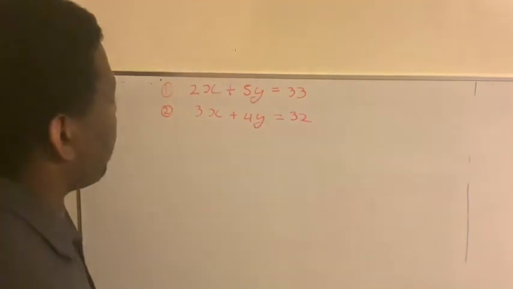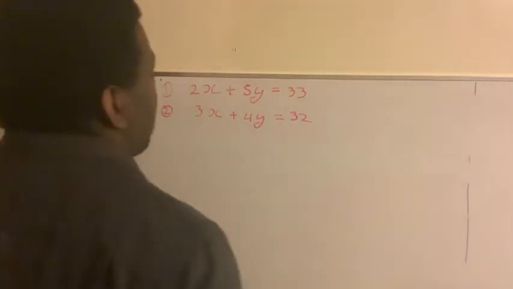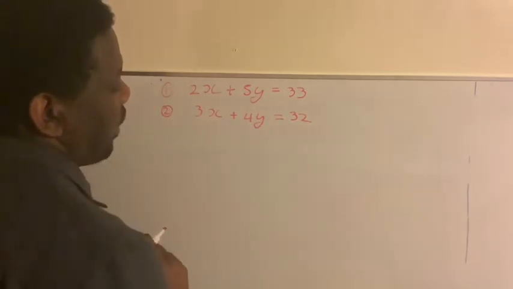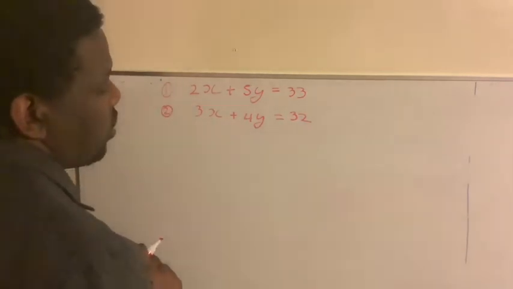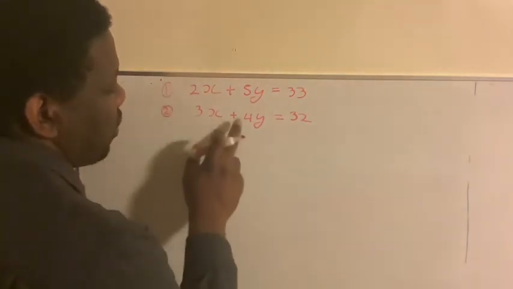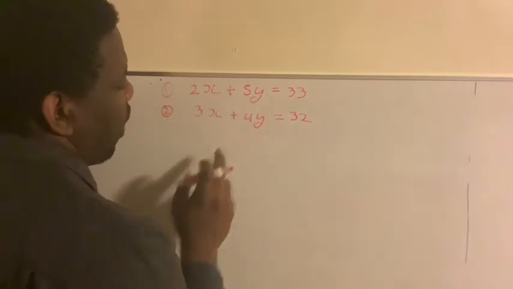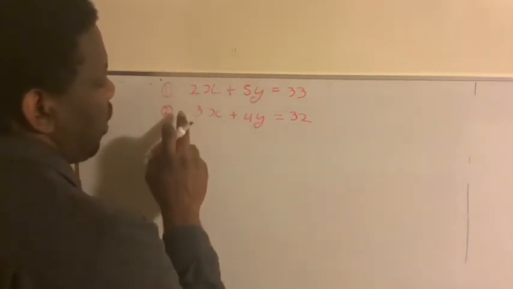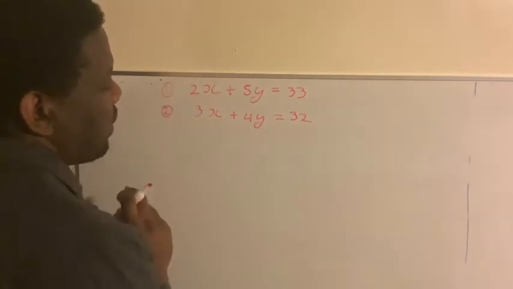Now in type 3 system of equations, the equations don't look like each other in any way. So we have to look at their coefficients and try to think of a common multiple. So if we look at 2 and 3, a common multiple of 2 and 3 is 6.